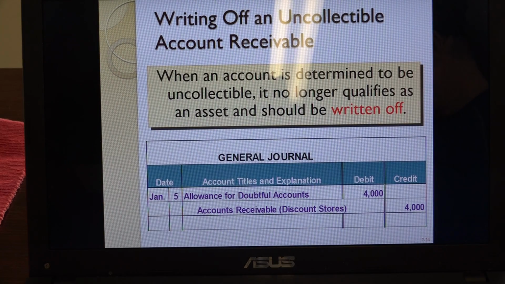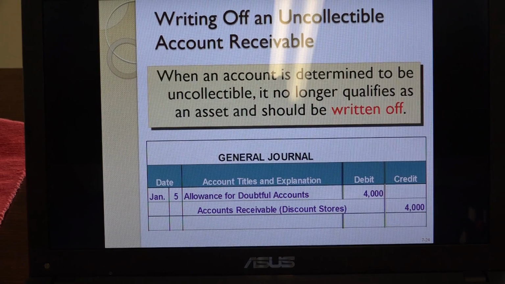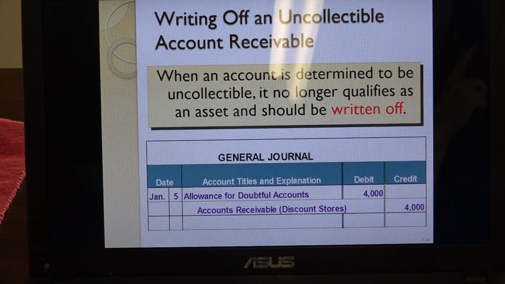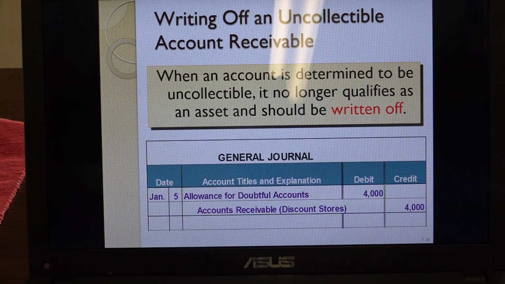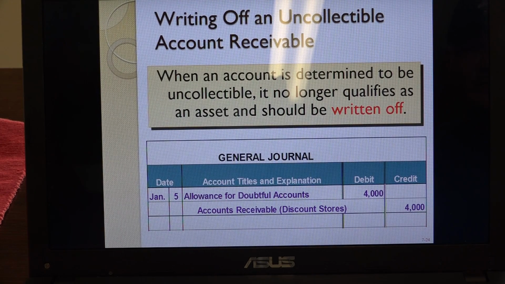Now note, in our entry, we didn't list any particular account. We just picked a number based upon our analysis of what we believed would be the amount of uncollectible receivables.